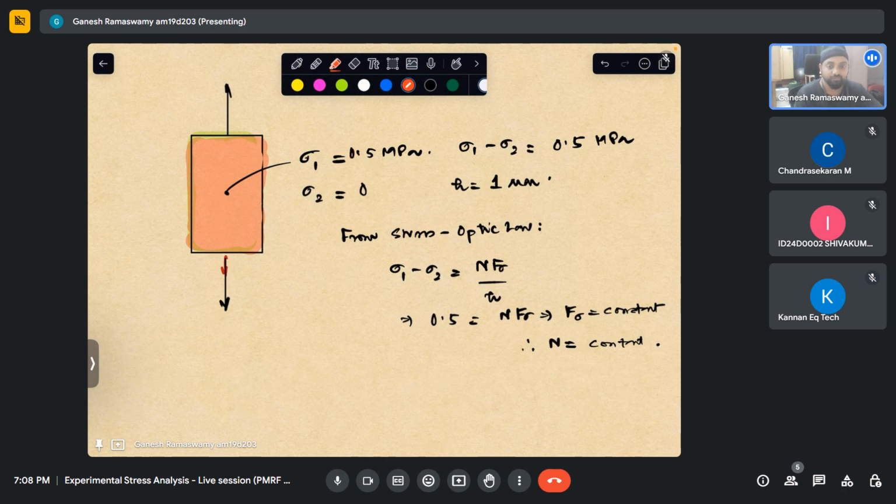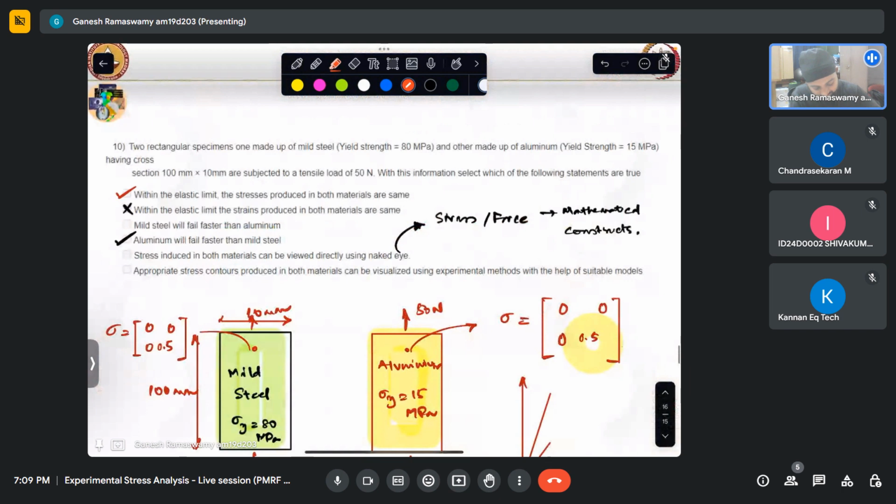But there is a catch here. Actually speaking, these are mild steel and aluminum specimens. These are not birefringent materials actually. So what we will have to do is, that is why it says can be visualized using suitable models. Why are we saying suitable models? Because stress is not dependent on the material property as we saw.